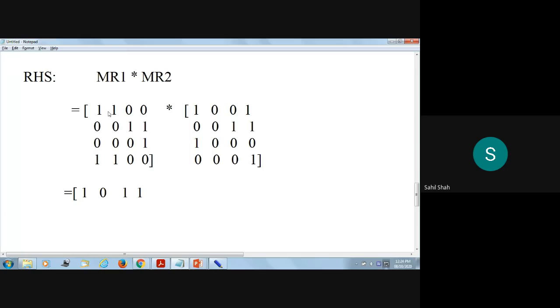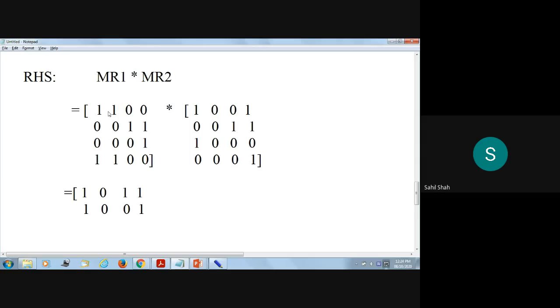Next, second row, first column, 1. Second row, second column, all are 0, so obviously we are not going to have anything here, 0. Second row, third column, I think 0. Second row, fourth column, I think 1. Correct me if I am going wrong.